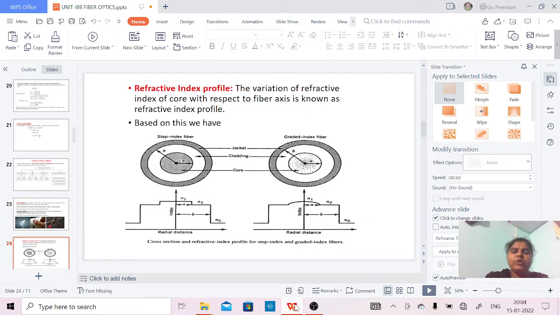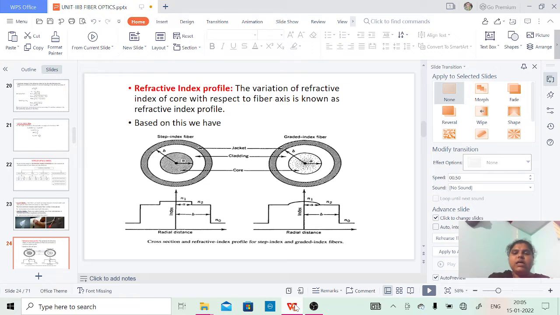So depending upon refractive index profile, the variation of refractive index of core with respect to the fiber axis is known as refractive index profile.